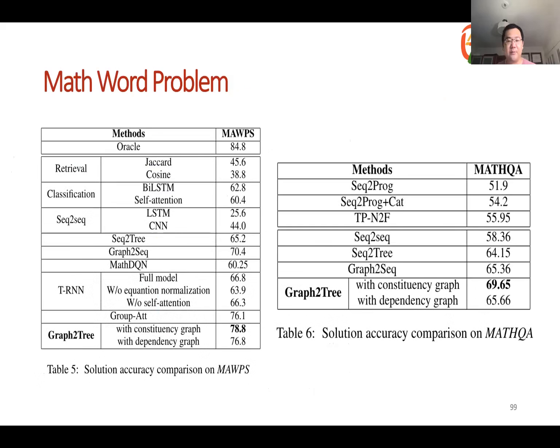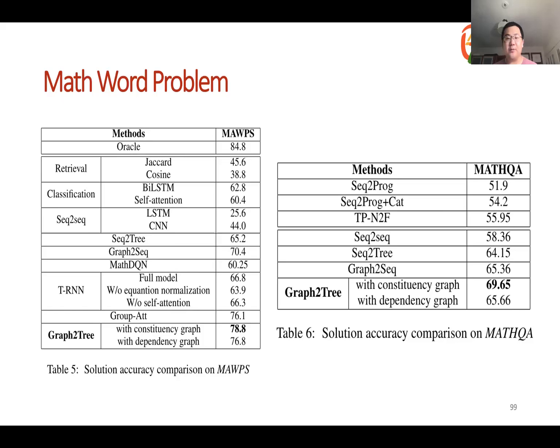Here is a simple result showing our comparison against the current state-of-the-art math word problem baselines. One thing I want to point out is that all the existing state-of-the-art methods use some so-called equation normalization technique, which essentially tries to normalize all the math equations into one single form.